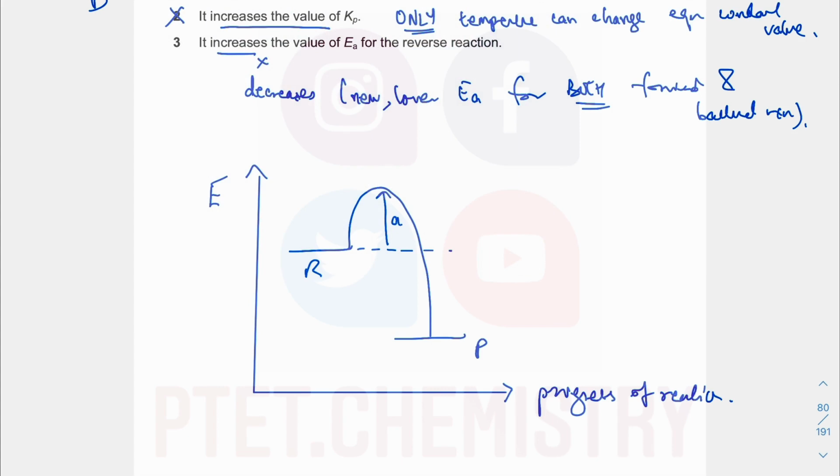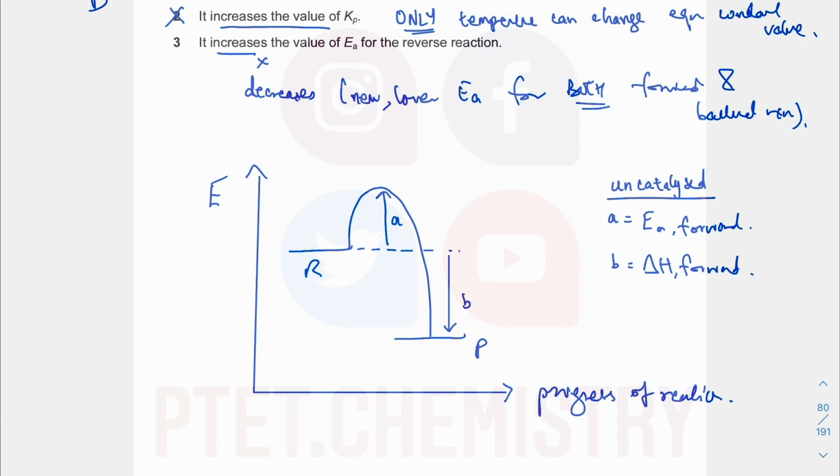Let's say that is A, this is B going downward. So these are uncatalyzed. A is equal to activation energy of forward, B is equal to the enthalpy change of forward.